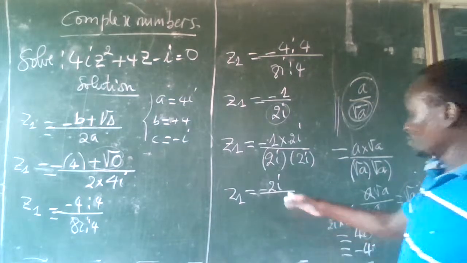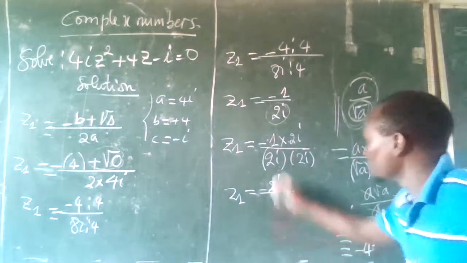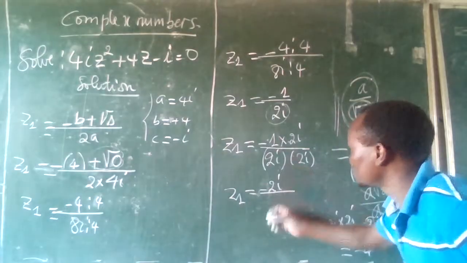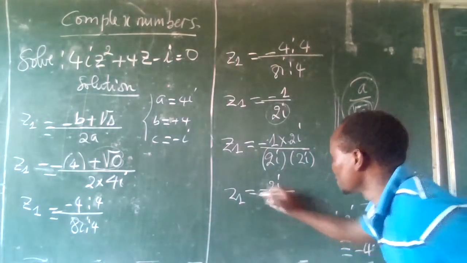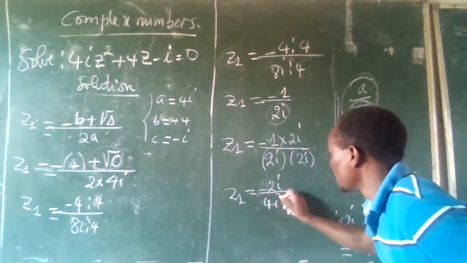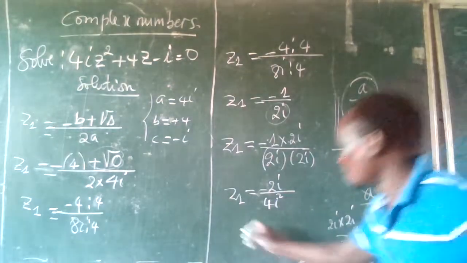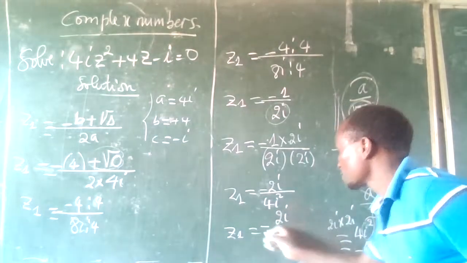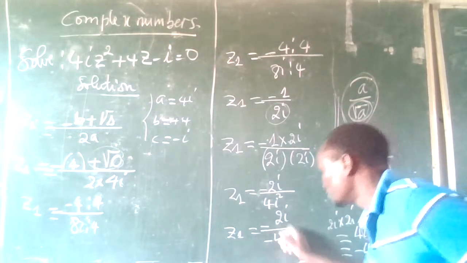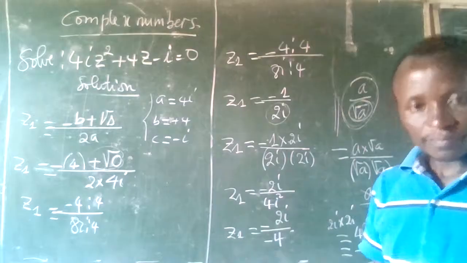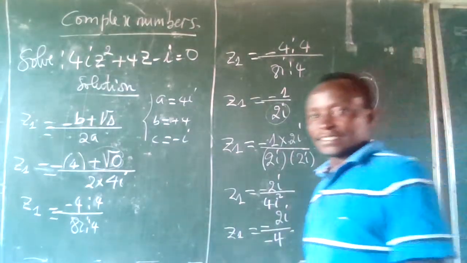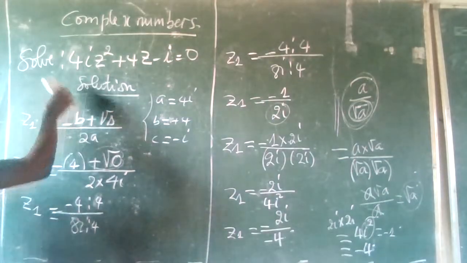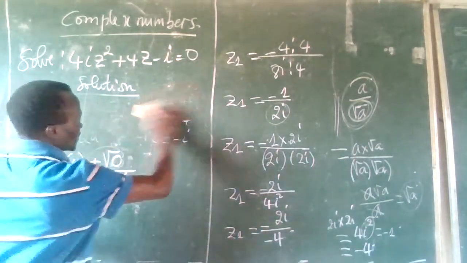Yes? Now it is what you're going to apply here. Finally, we have minus 4i squared. Now this our Z will be minus 2i over minus 4. Now finally, what are we going to get?